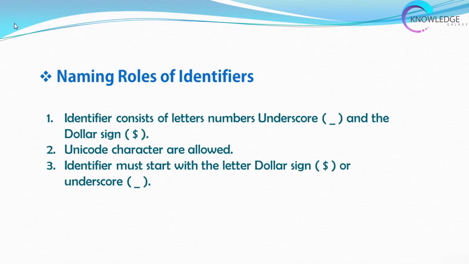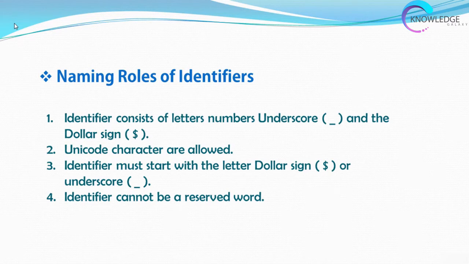An identifier must start with a letter, $ sign, or underscore. An identifier cannot be a reserved word. Reserved words are the words in JavaScript that are created for a specific task. They can't be used as an identifier. If you do that, then you will get an error message.